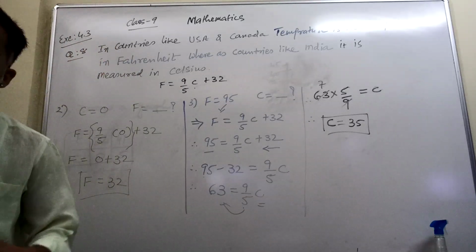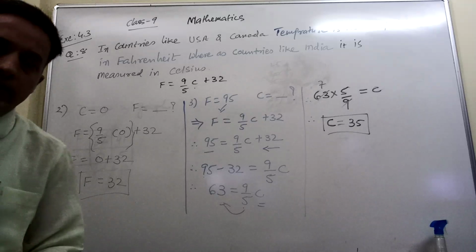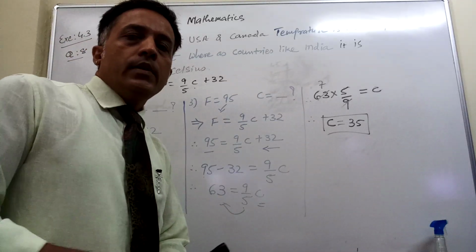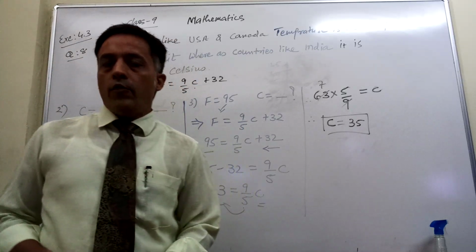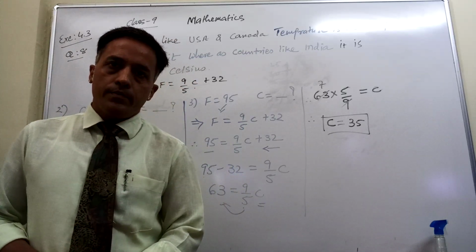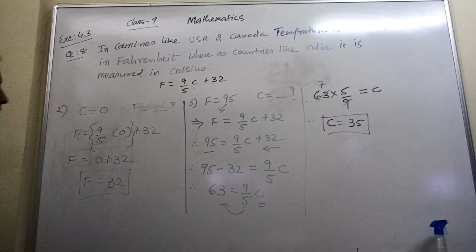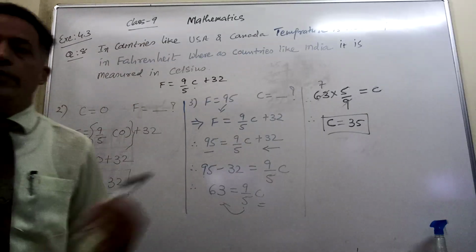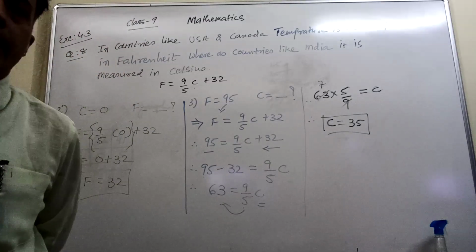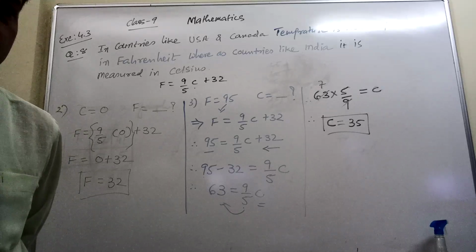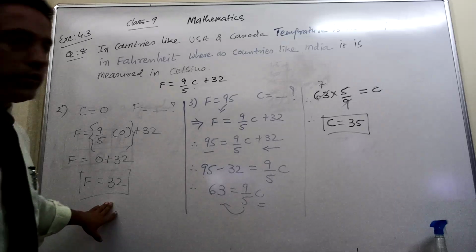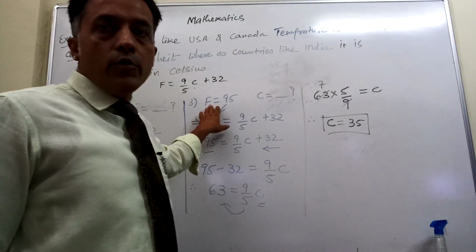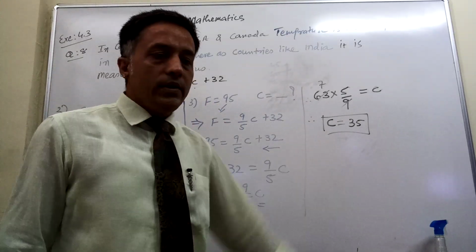It's a mathematical statement, a particular condition, and we are solving this condition for different values. So for the different values we are getting different values of the other variable. For C equal to 0 we are getting F equal to 32. For F equal to 95 we are getting C equal to 35.